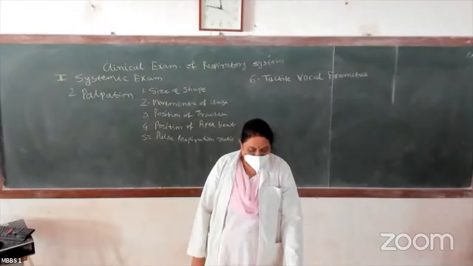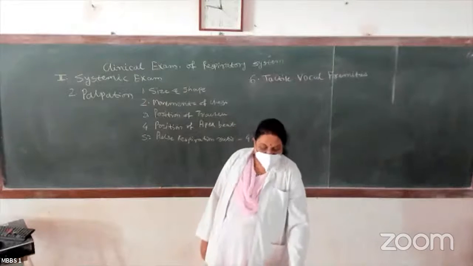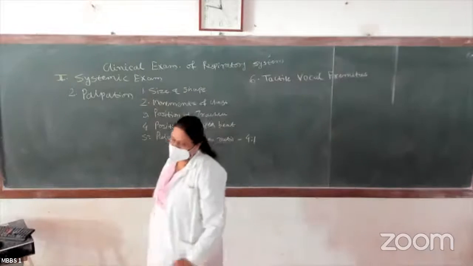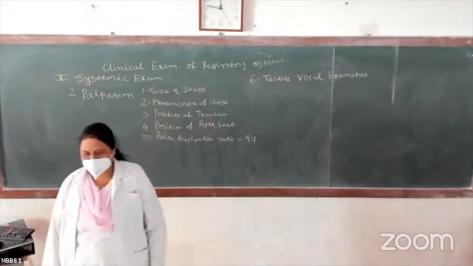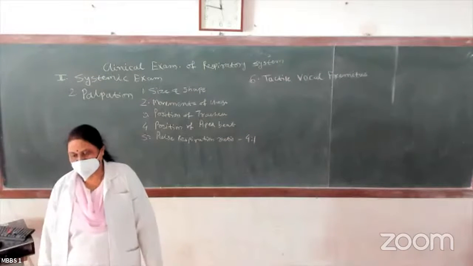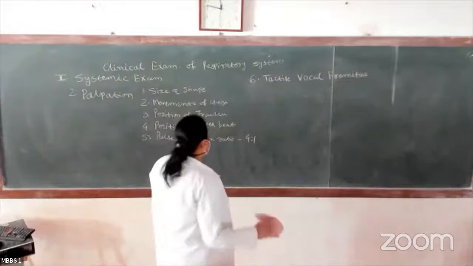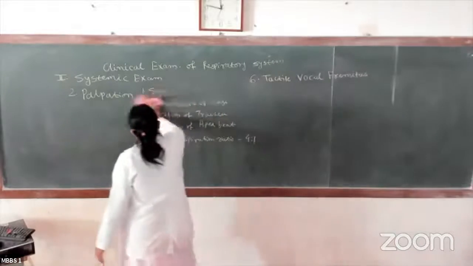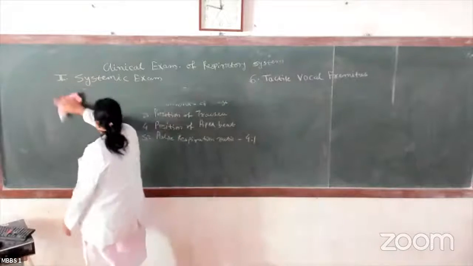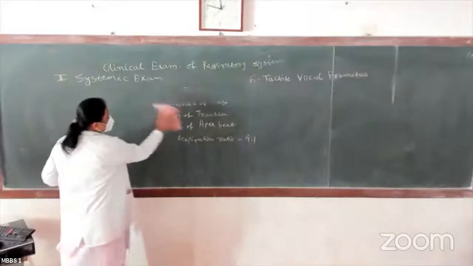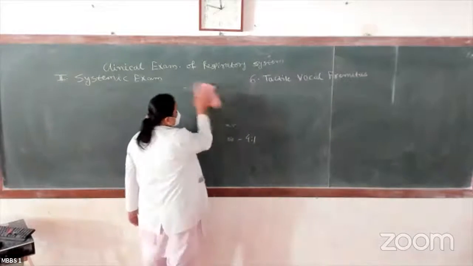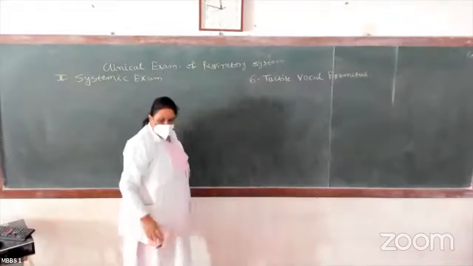Then go for the percussion. Which is the normal note on the lungs or respiratory area? Percussion, tapping. Which type of normal note do you hear? Resonance. So percuss all over the lungs and you will get a resonant note.